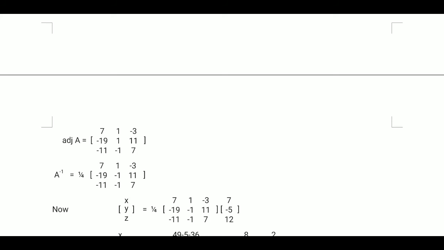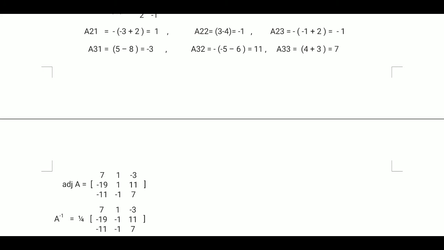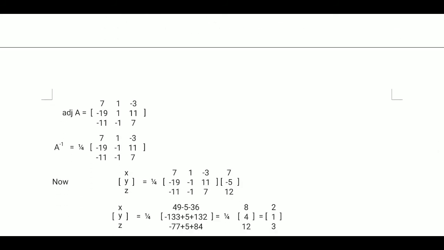We get the result, that is adjoint A is equal to 7 minus 19 minus 11, 1 1 minus 1 minus 3 11 7. So A inverse is equal to 1 upon determinant A, and determinant A is 4, so 1 upon 4 and adjoint of matrix.